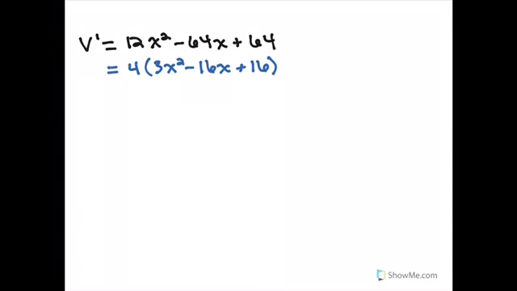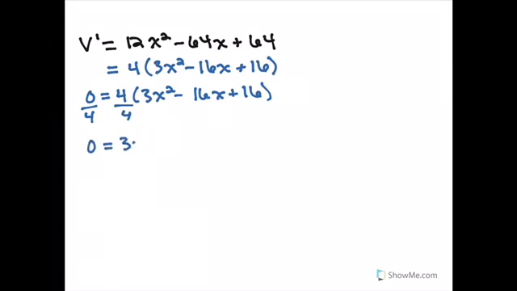So when I set this equal to 0, I can just divide both sides by 4 and get rid of that. Okay. So I need to factor this thing. The leading coefficient isn't 1, so it's not so easy.